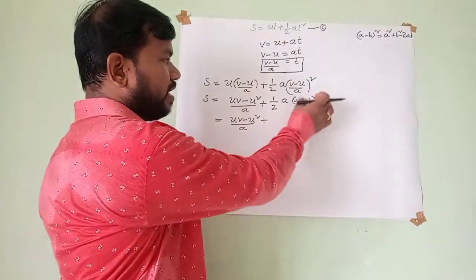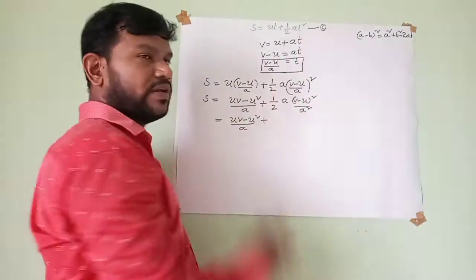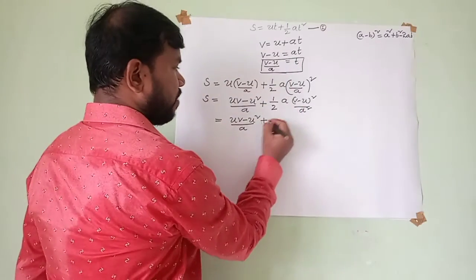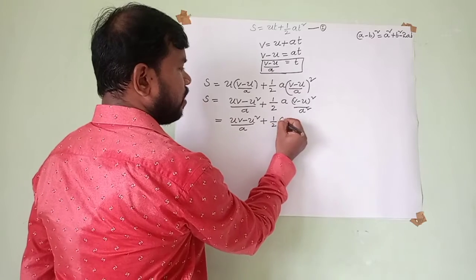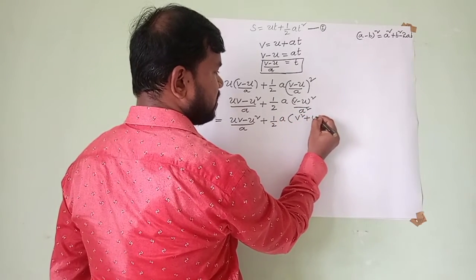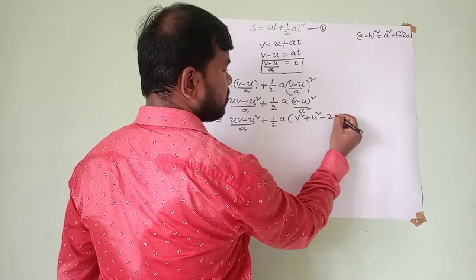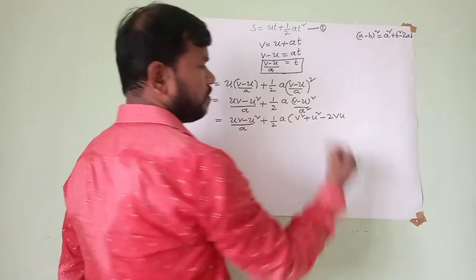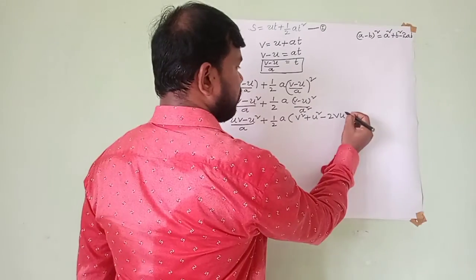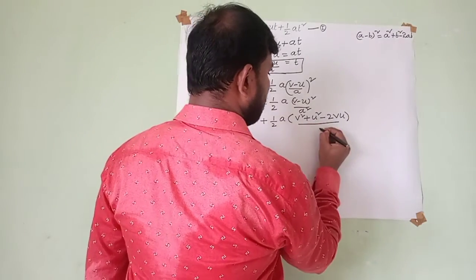So here v minus u whole square is also similar, so I am expanding this. Plus 1 by 2 a into v square plus u square minus 2vu by a square.